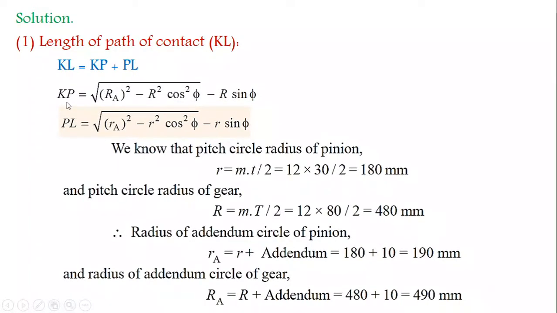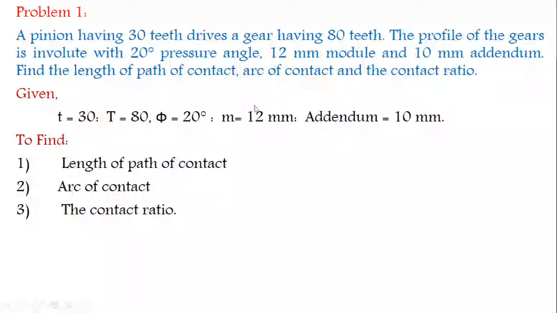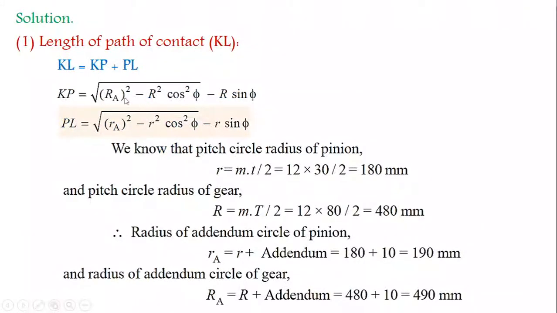Here, capital RA, capital R, small RA and small r are not given directly in this problem. From this data, we have to find small r, small RA and capital RA. Now using this relation, we will find small r, capital R, small RA and capital RA.